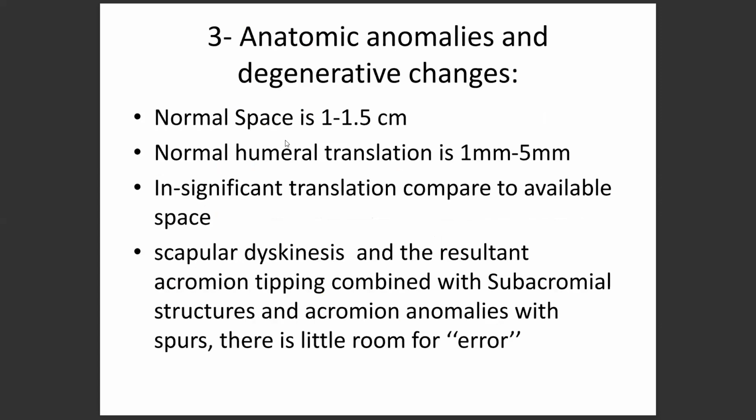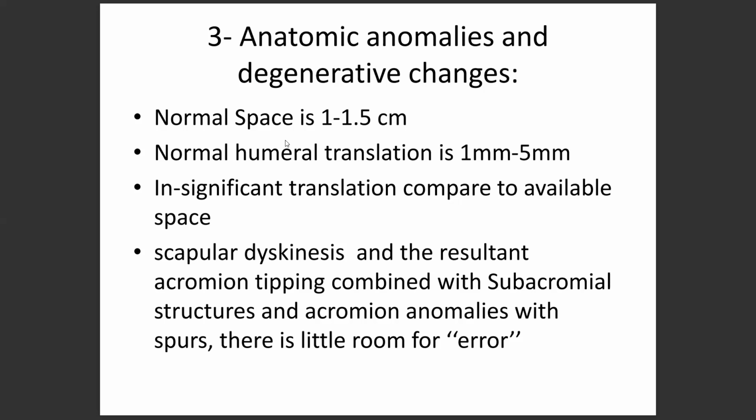The third causative mechanism of injury for supraspinatus impingement is anatomic anomalies and degenerative changes. As we have discussed previously, the normal subacromial space is 1 to 1.5 centimeters, and the normal humeral translation is 1 to 5 mm.